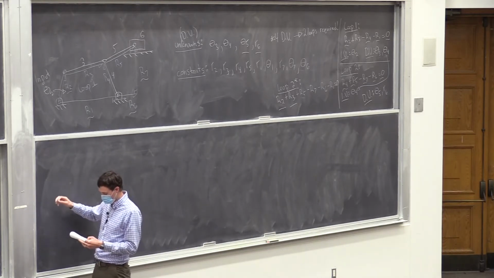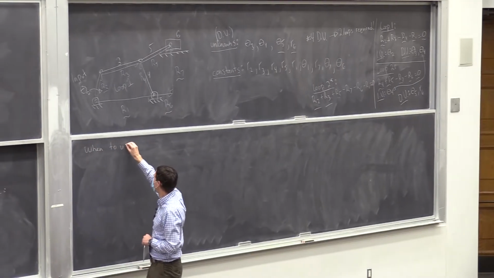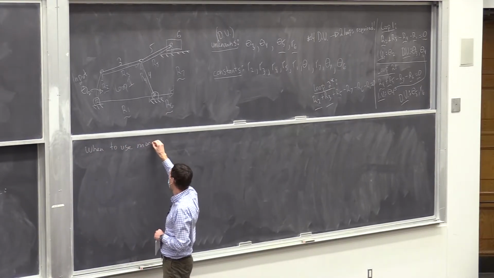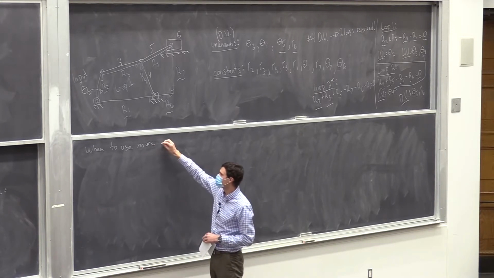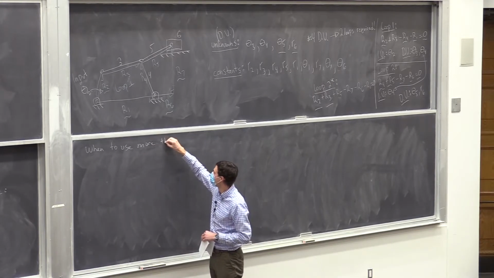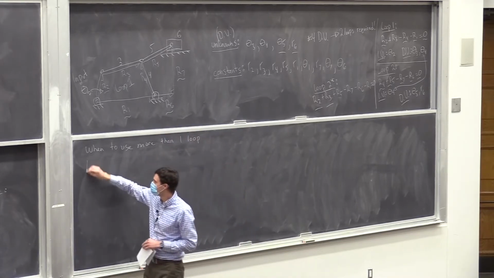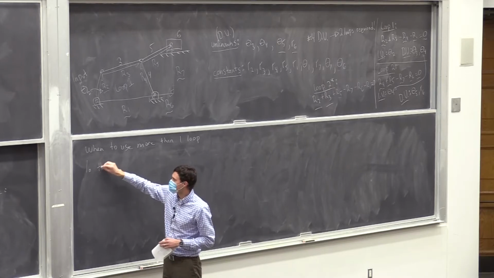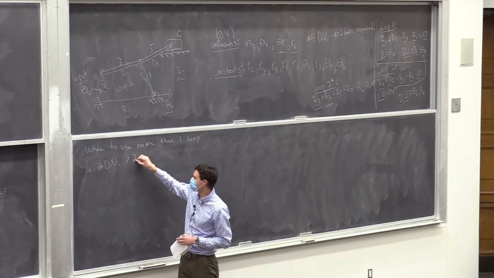So this is our question. When do we want to use more than one loop? So that's our main criteria. We have our first reason. That's when our number of dependent variables or unknowns is greater than 2.